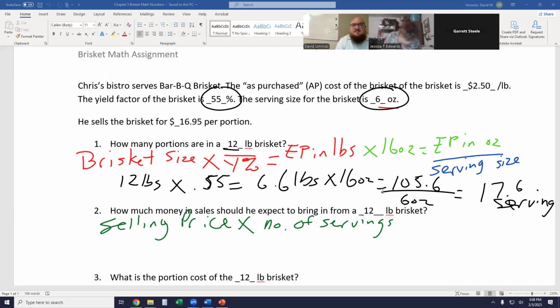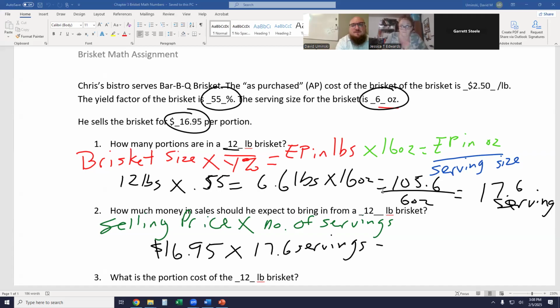So in this case, how much do we sell it for? $16.95. We multiply, I'm going to go with 17.6 servings. 16.95 times 17.6 is $298.32. That's how much money in sales I should expect to get from that brisket.